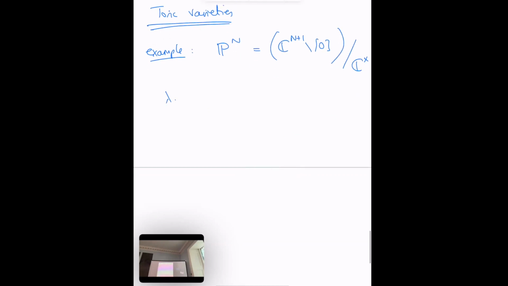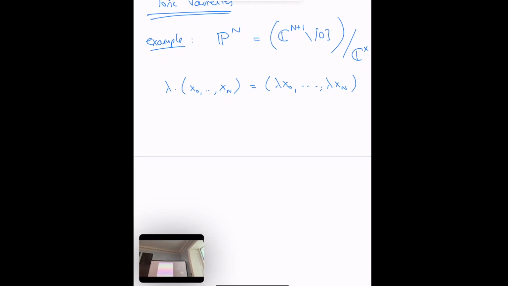Lambda acts on the vector x0 through xn by scaling the coefficients, and you take the quotient by the equivalence relation given by this action. Put differently, you're looking at the lines through the origin, right? That's what these orbits are. So that's a more classical description of projective space. So, exercise: this is a toric variety.